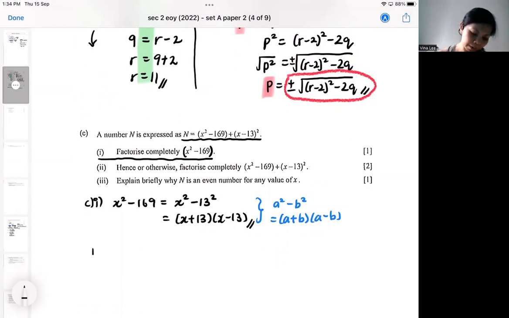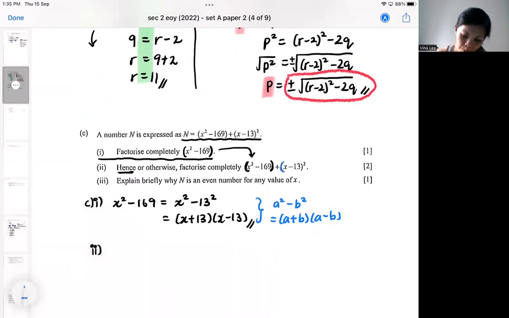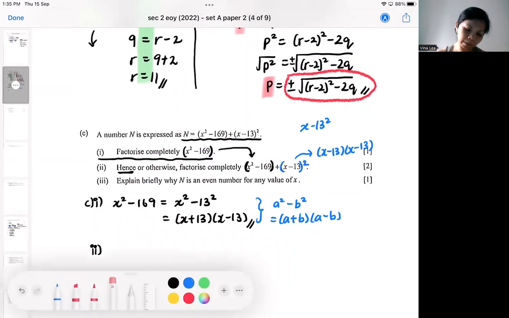Then for the second part, there is a hence. Hence means I should be able to use my answer for the first bracket. The second bracket, take a look. The whole bracket is repeated twice. Those who don't read, or read wrongly, might be thinking that this one looks like this. So the whole bracket is repeated twice.